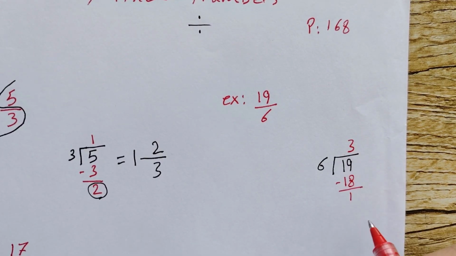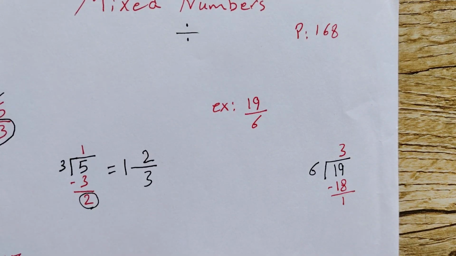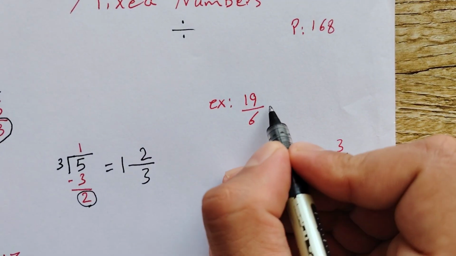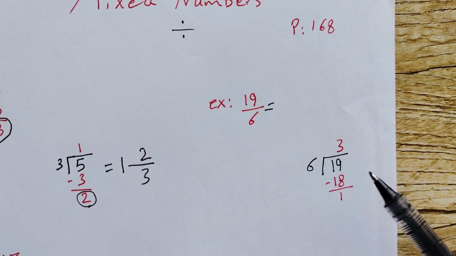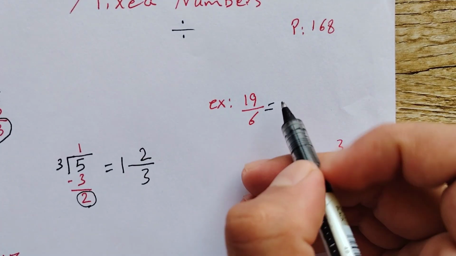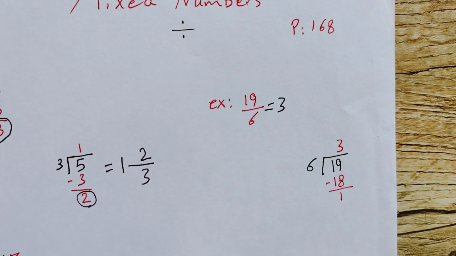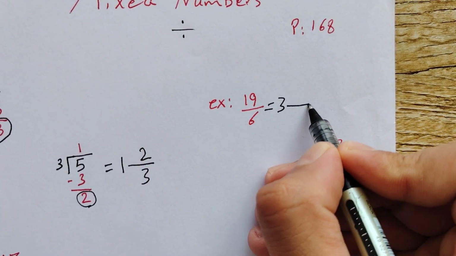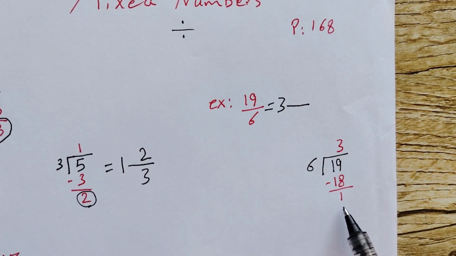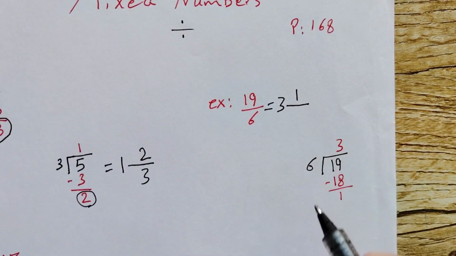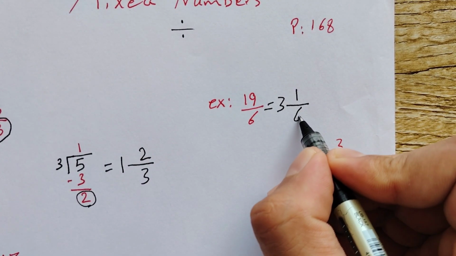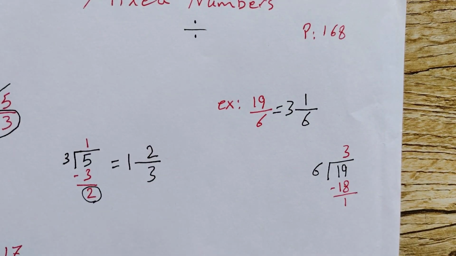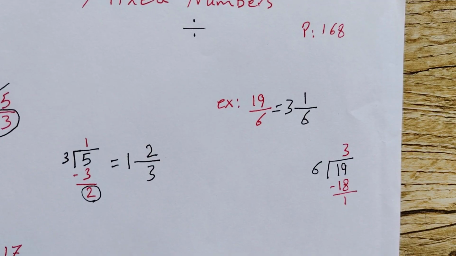Subtracted, it will be 1. We said our quotient will be the whole number, so my whole number will be 3. Then fraction bar. Then the remainder will be the numerator, and the denominator stays the same. So 19 over 6 will be 3 and 1 over 6.